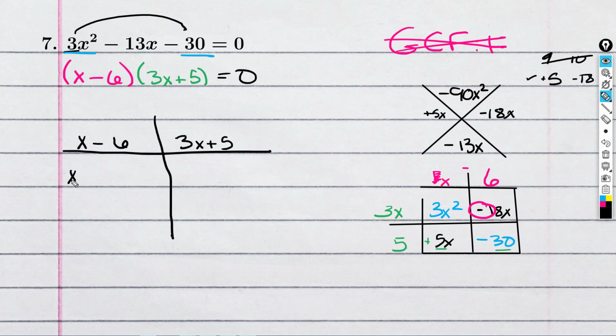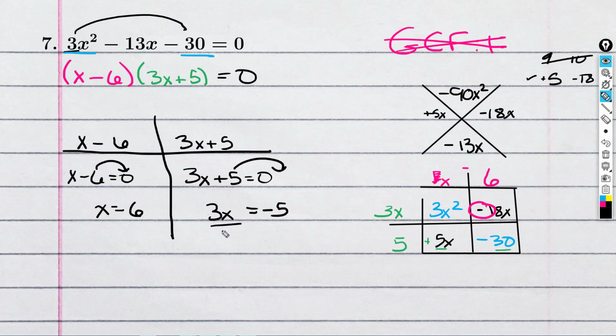And so x minus 6 equals 0. Move the 6 to the right-hand side, and I have x is equal to a positive 6. 3x plus 5 equals 0. Move the 5 to the right-hand side, which will make it a negative 5. So 3x is equal to a negative 5. Divide both sides by 3.